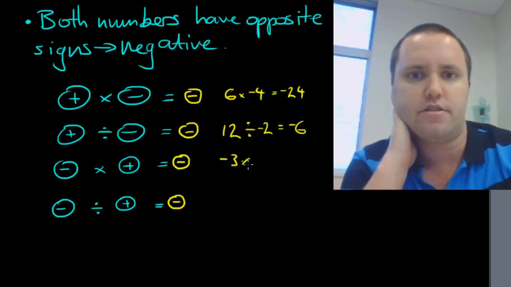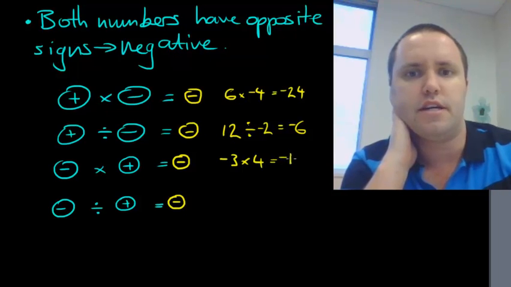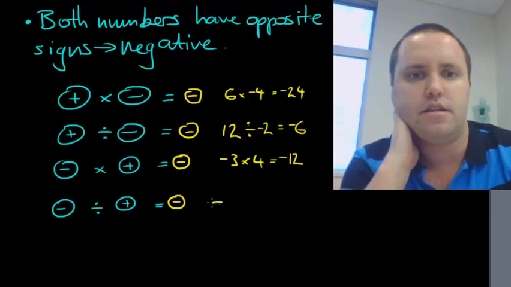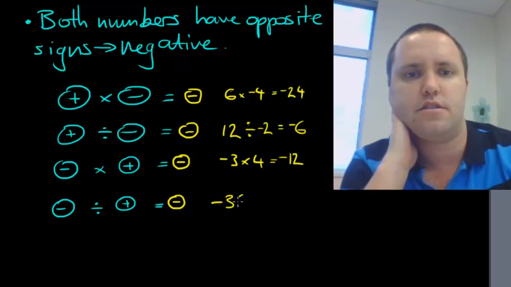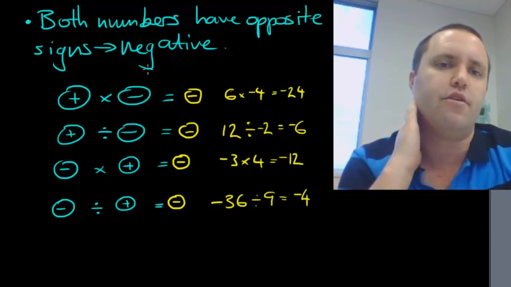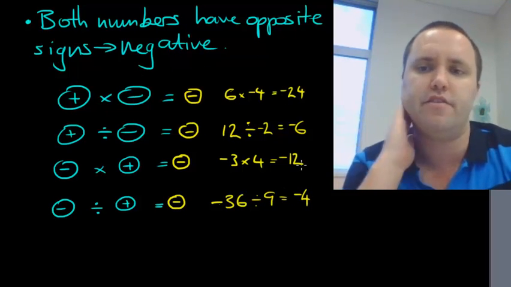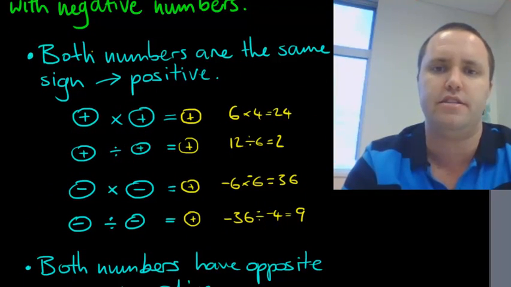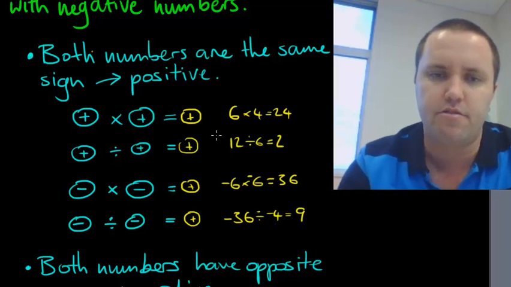Negative 3 times 4 is negative 12, and negative 36 divided by 9 is equal to negative 4. So if they have opposite signs, you will end up with a negative answer. If they have the same signs, then you will end up with a positive answer. That's the only thing you have to remember about that.